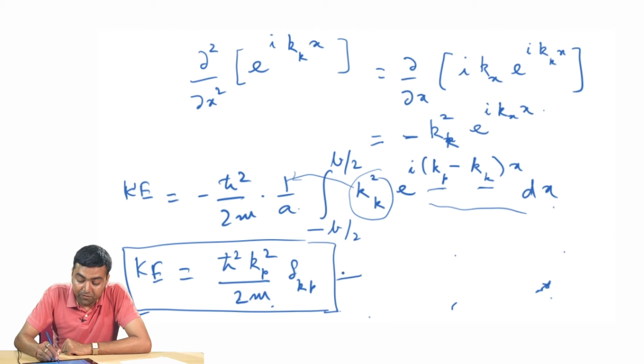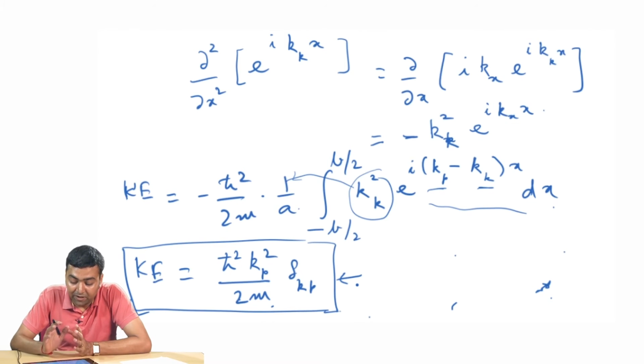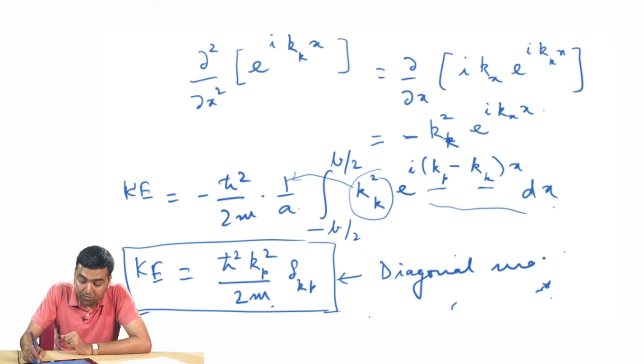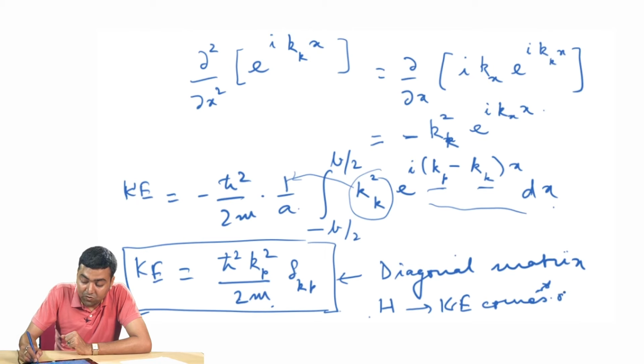Now if you look at this, the matrix corresponding to the kinetic operator is a diagonal matrix, or in other words, in my Hamiltonian, the kinetic energy comes only in diagonal terms.